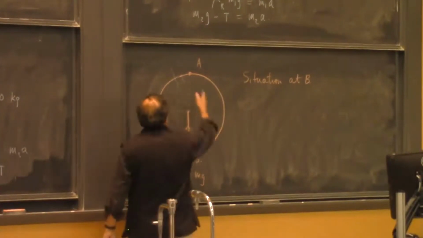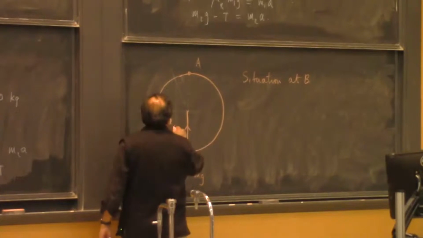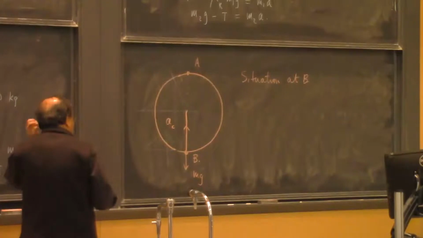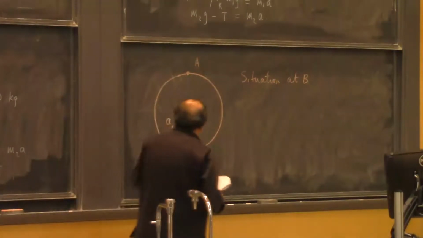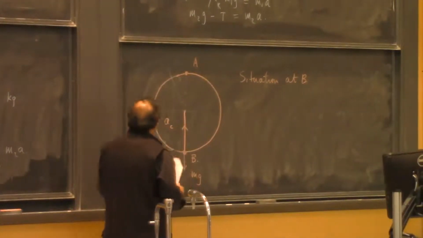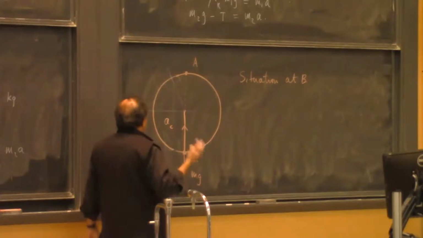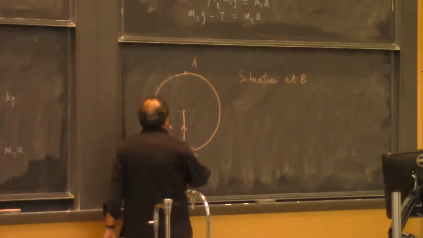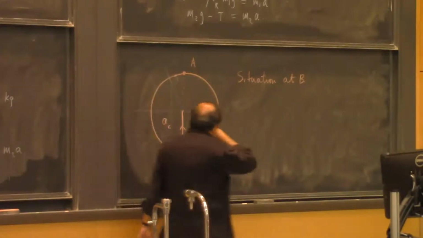This is also the direction, because it's going around in a circle, of centripetal acceleration a sub c. So that is your net force. Your net force that cannot be taken away is centripetal. Nothing can change it. That's the net force that's going to emerge at the end of the day. So what you have is the downward force mg, and a tension force from the string upward.